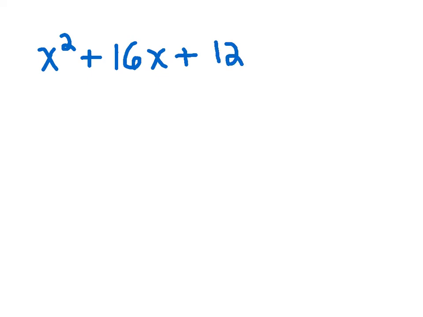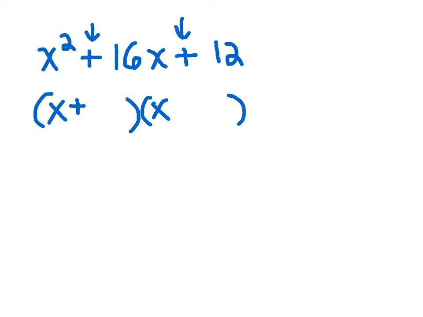Okay, so x squared plus 16x. Nope, that's not going to work either. Okay, well, we'll do it anyway. Plus 16x plus, let's just say 12. So I'm looking for numbers. Here's my x and my x. Sign tells me they're the same.